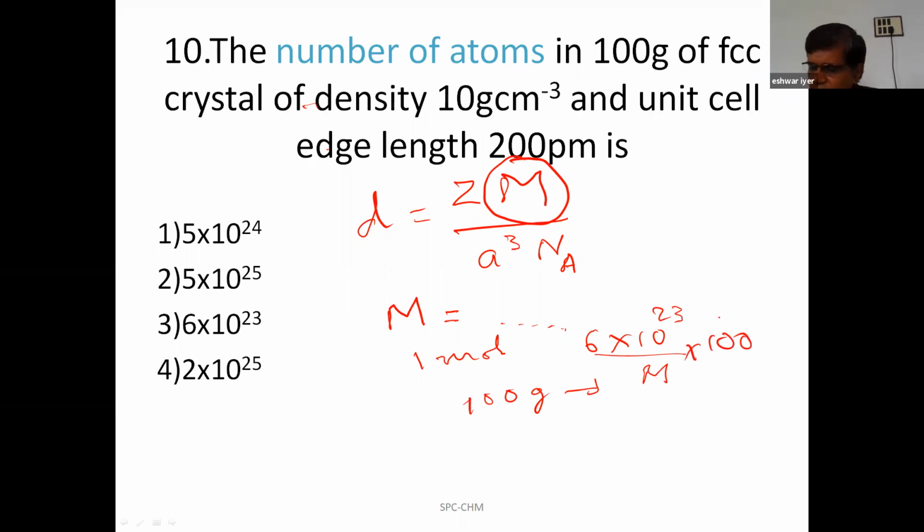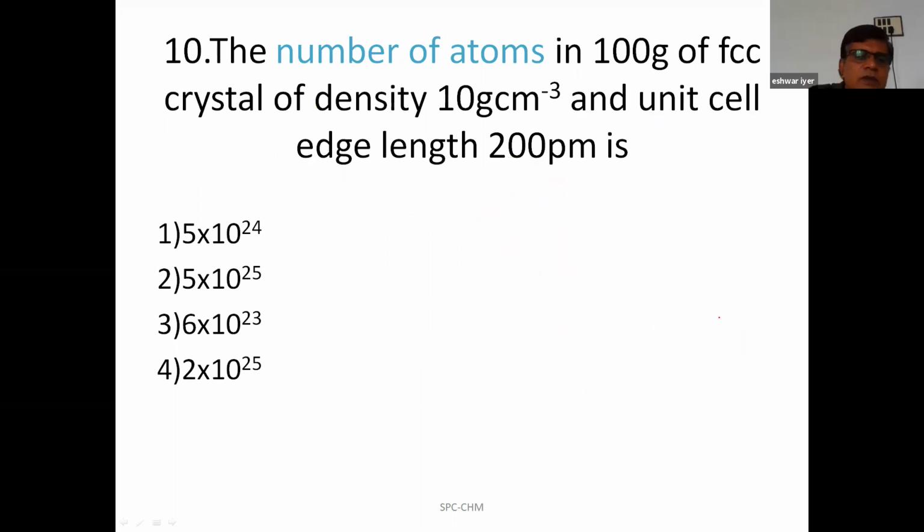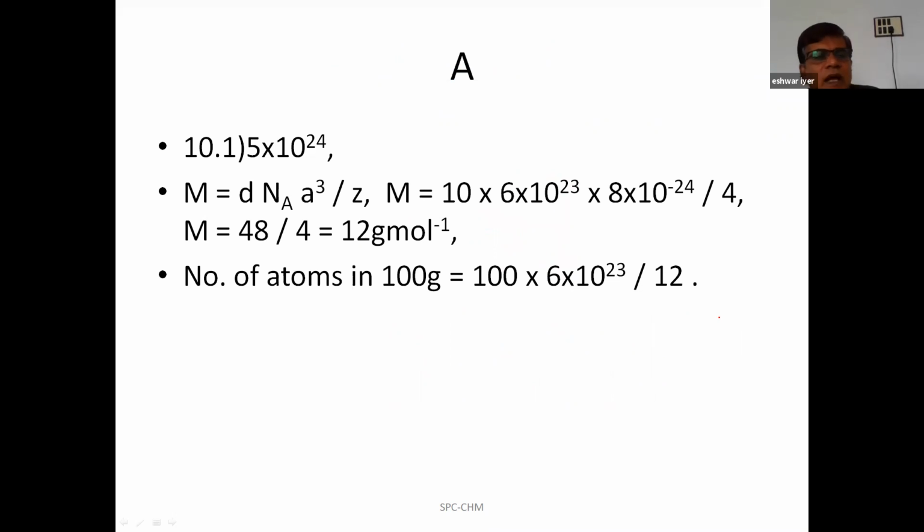So let us see the calculation part. Look at this. The answer is 5 into 10 to 24. So look at the steps. You have here the formula. Molar mass is density into Avogadro number into A cube divided by Z. And for FCC, Z is 4. Density is as given.